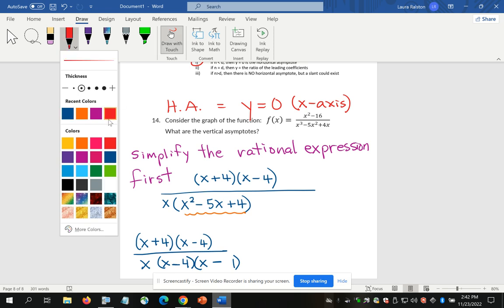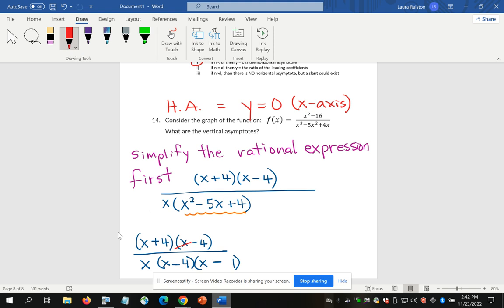Now, if you notice, we have an x minus 4 in the numerator and the denominator, so we're just going to divide it out. So you have a hole at x minus 4 equals 0, which means at a value of 4, there's going to be a hole. There is not a vertical asymptote. It's just a hole in the graph.